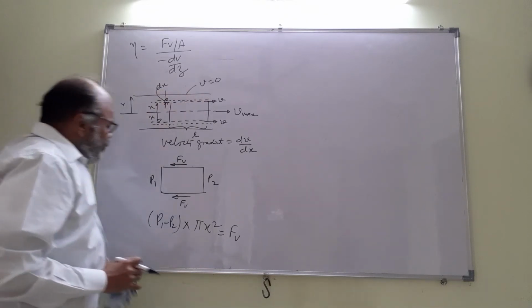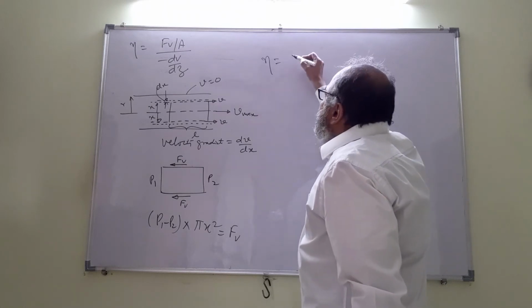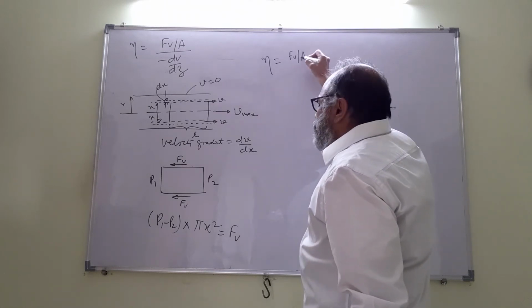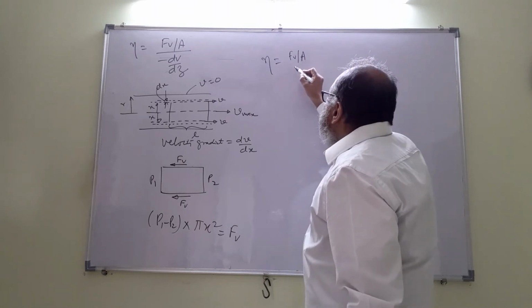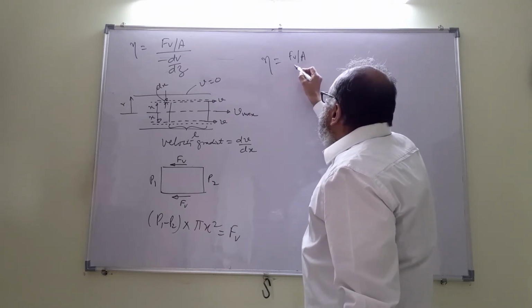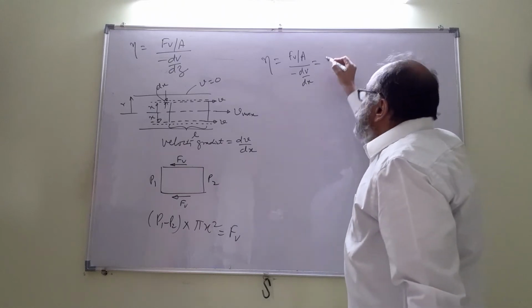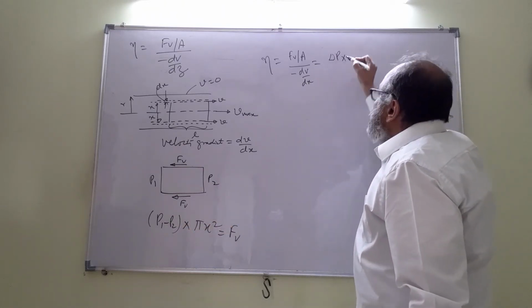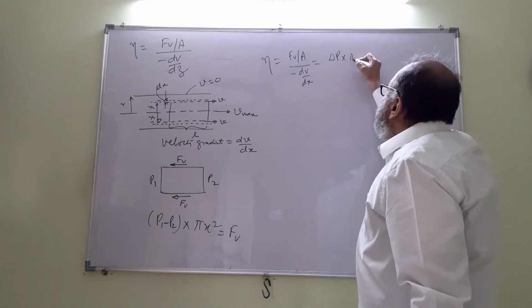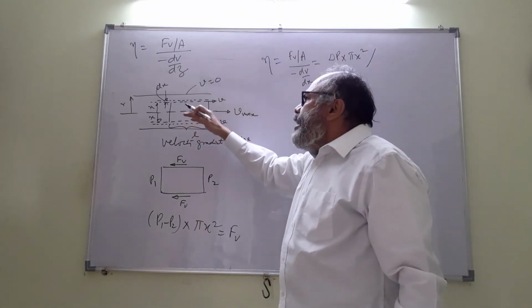Okay. So we can now define the coefficient of viscosity as Fv by A by minus dV by dx. Fv is P1 minus P2, called delta P, into pi x squared, divided by the area.